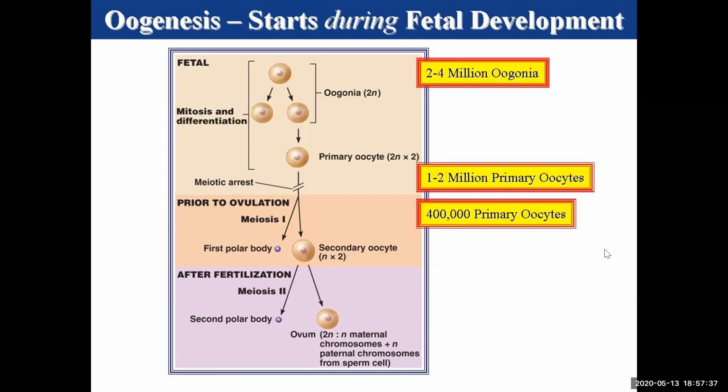The female fetus starts with up to 4 million stem cells, so anywhere from 2 to 4 million stem cells. And this is through fetal development, meaning before birth. This is BB, before birth.